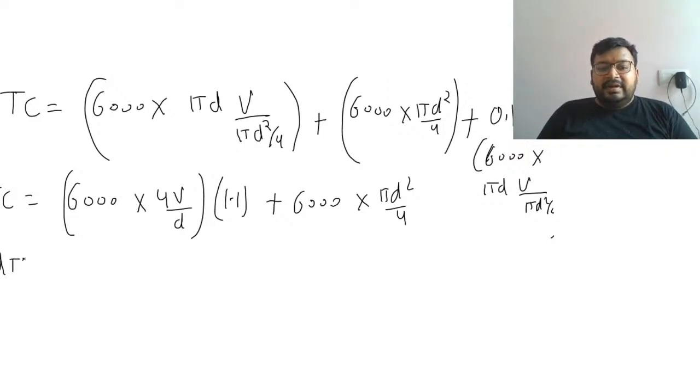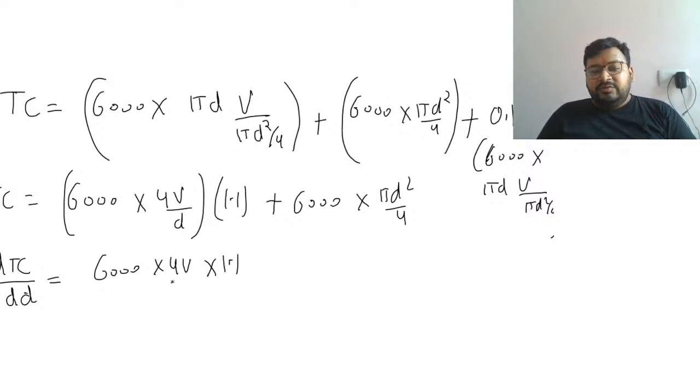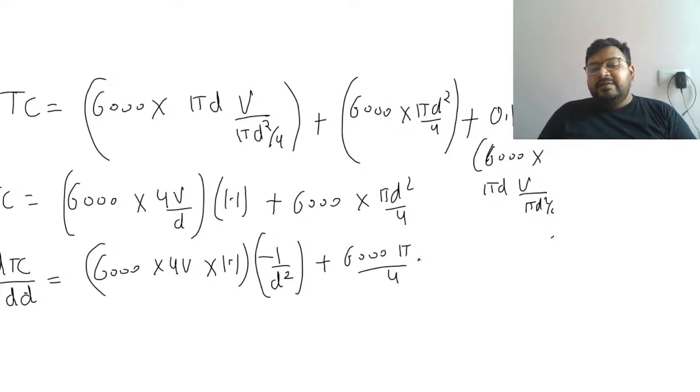Now if I take the derivative with respect to d, 6000 into 4V into 1.1 is constant, and for 1 by d the derivative is minus 1 by d square, plus 6000 pi by 4 is constant, and for d square it's 2d, and I can equate it to 0.